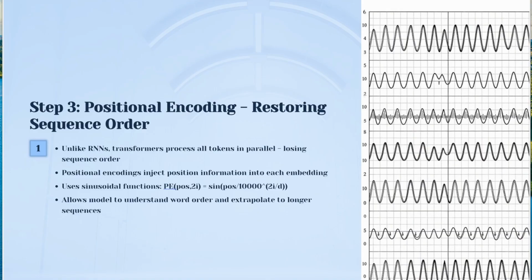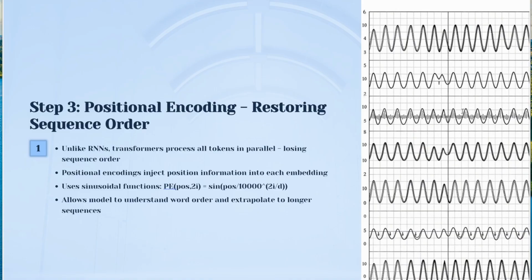This parallelism is one of the biggest reasons that transformers are fast and scalable, but it does come with a trade-off. They do not have any notion of sequence order because we are processing them in parallel.